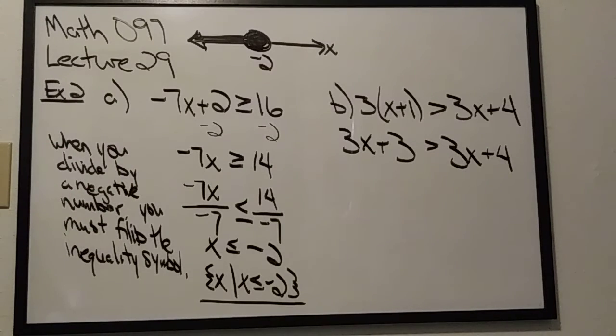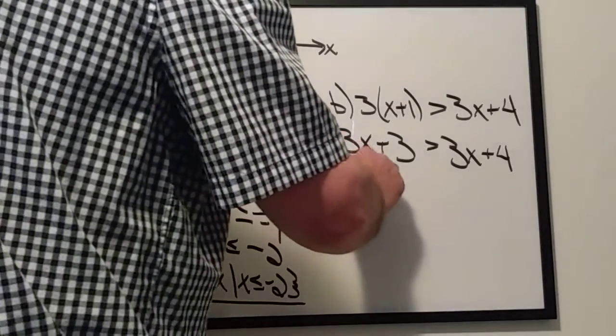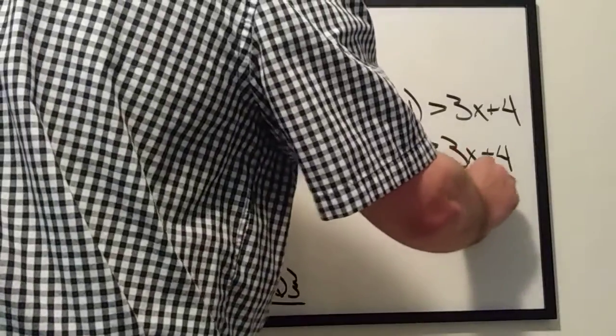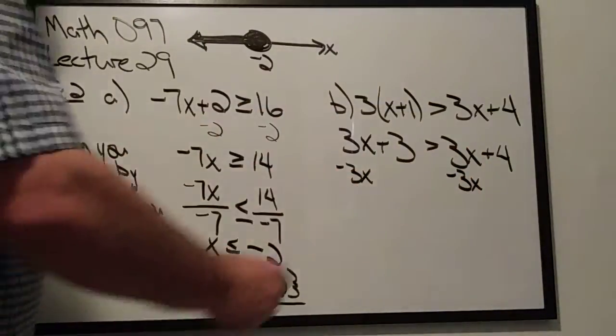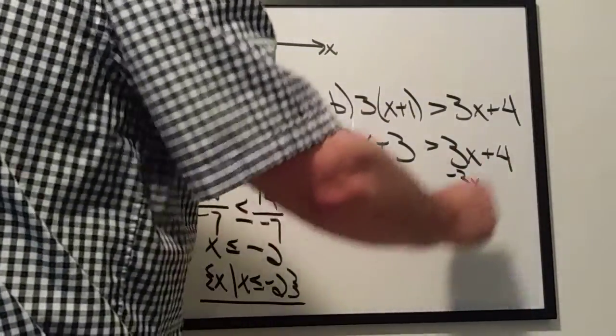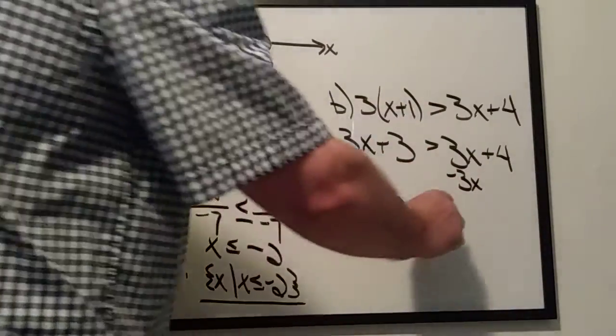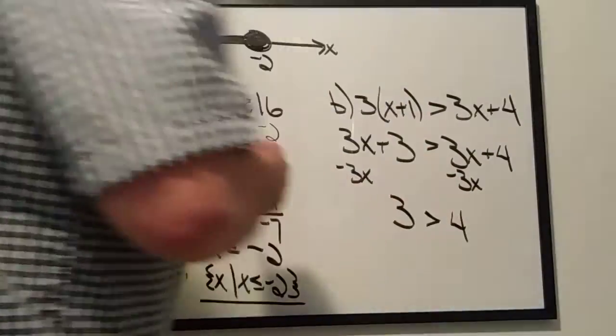So now that I have that, the next thing that I'm going to do is come in and try to get all my x terms together on one side. In order to get all my x terms together on one side, I'm going to subtract 3x from both sides. So subtract 3x, subtract 3x. Left-hand side, they cancel, leaving me with a constant 3. Right-hand side, the x's cancel, leaving me with a constant 4.